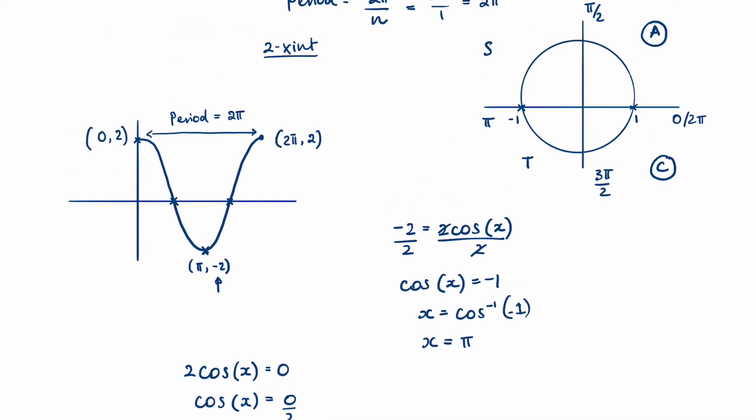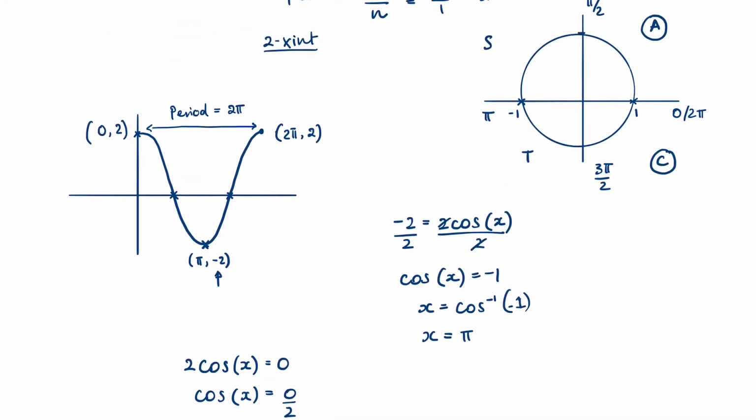If we take a look at our unit circle again and think about where cos is, remember cos is the x-axis. So cos is 0 at pi on 2, and it's also 0 at 3 pi divided by 2. Therefore our two x values will be pi divided by 2 and 3 pi divided by 2, with y equal to 0.